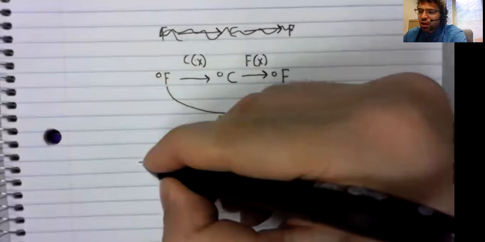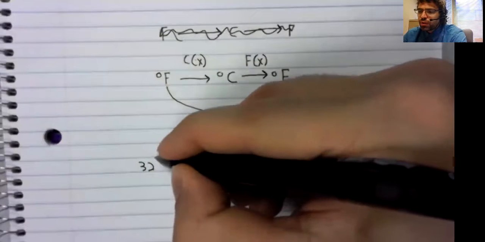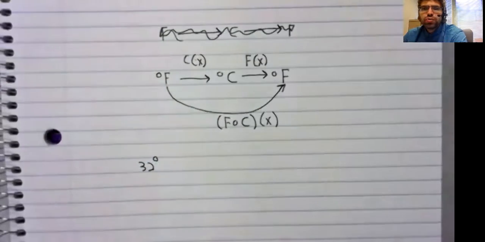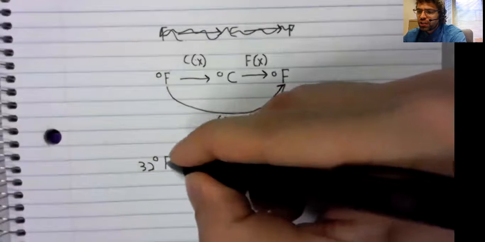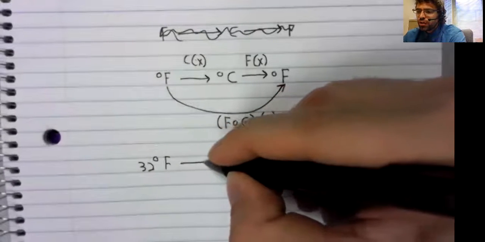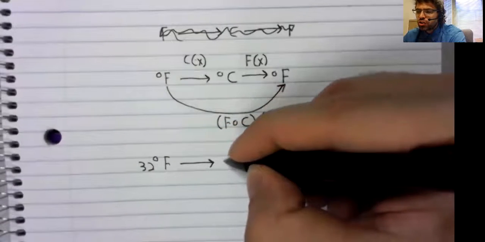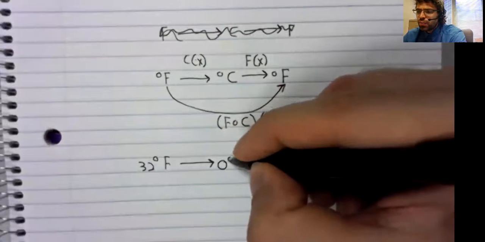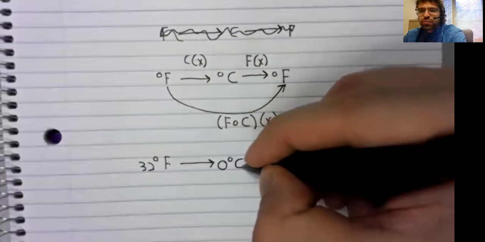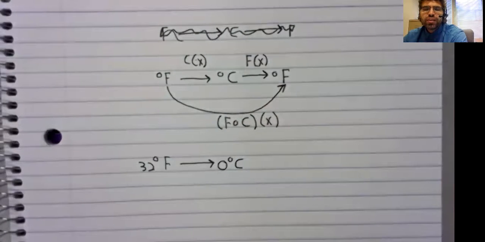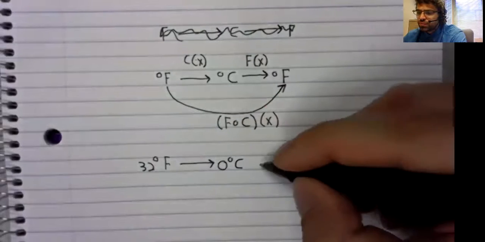Suppose we start with 32 degrees Fahrenheit. We apply the first function, we convert that into Celsius. It's 0 degrees Celsius.